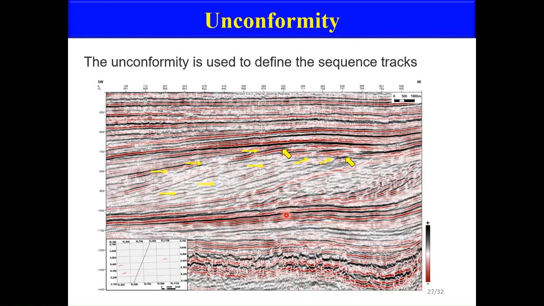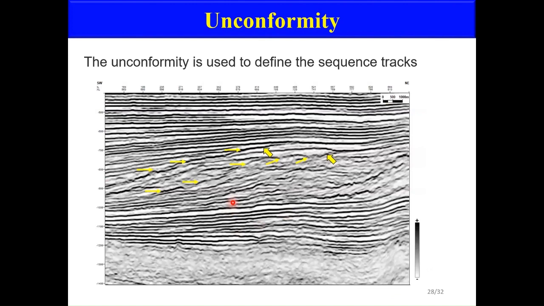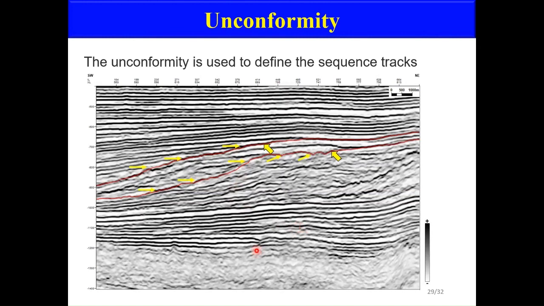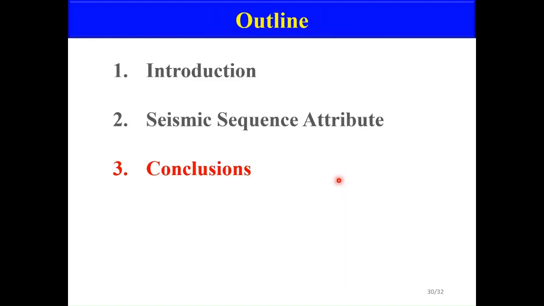If we look at the result of my sequence attributes, we can notice that at the unconformity location, we have a high value of seismic sequence attributes. Here, the red curve is the interpreted unconformities. The white and black indicate the values of the seismic sequence attributes.